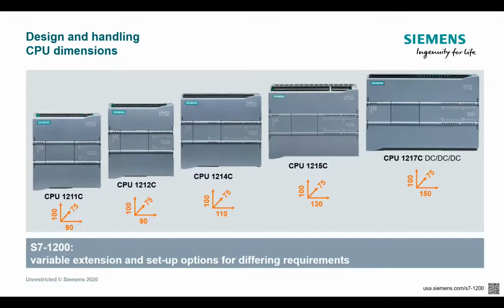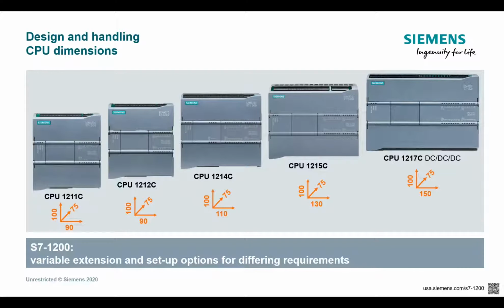So just showing size, we've got three different form factors. The 1211 and the 1212 are the same size, and the 1214 and the 1215 are the larger size. Now the 1215 includes analog inputs and outputs, and then the 1217 includes more digital inputs.